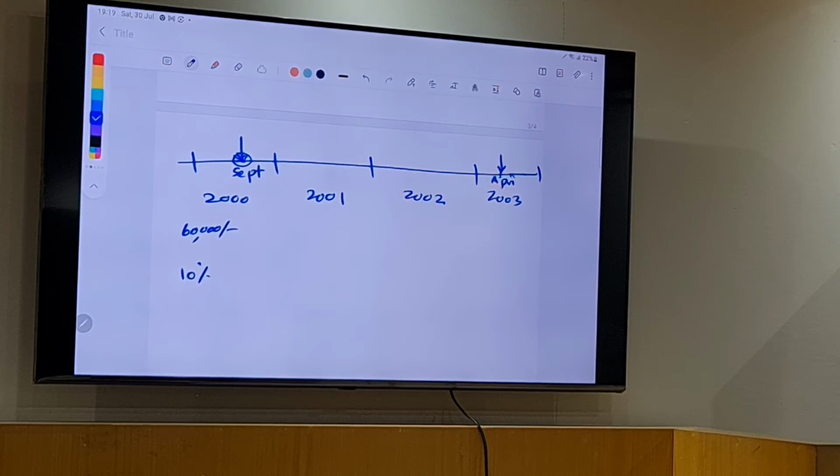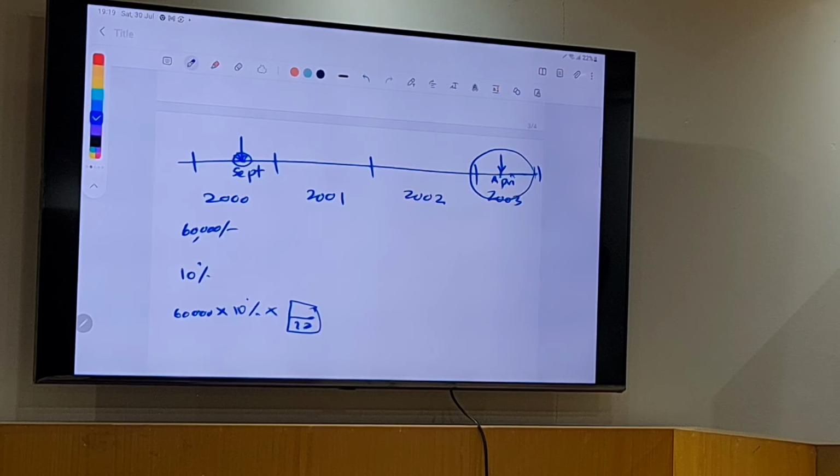Full year's depreciation. How much? 6,000. You have done 60,000 multiplied by 10%. Do you need to divide by 12 and all this? No. Why? The policy is that. And if you do full year's depreciation in the year of purchase, there will also be another phrase: no depreciation in the year of sale.